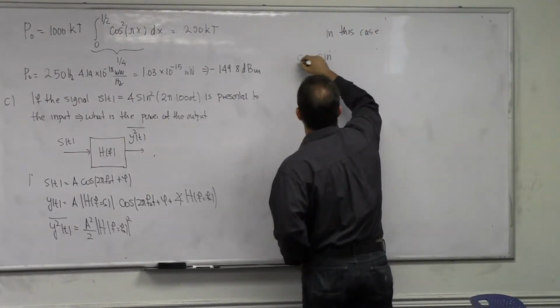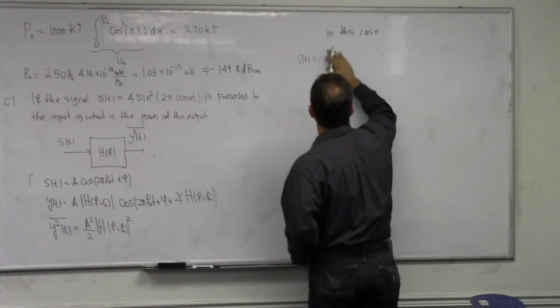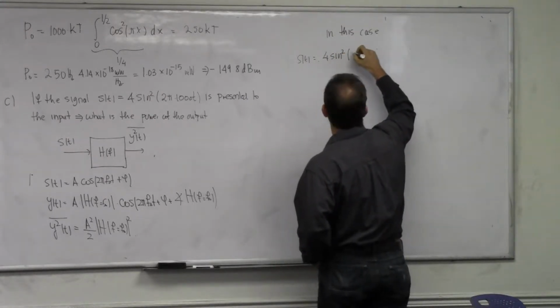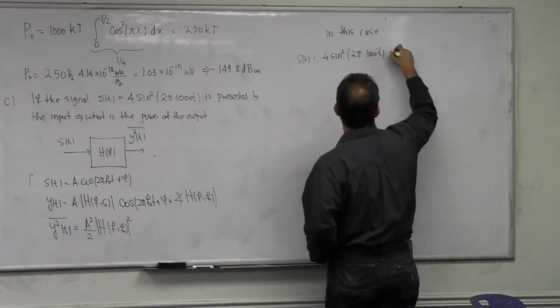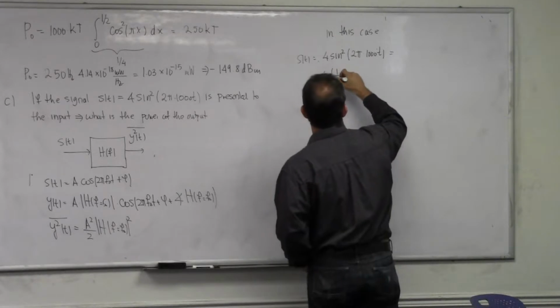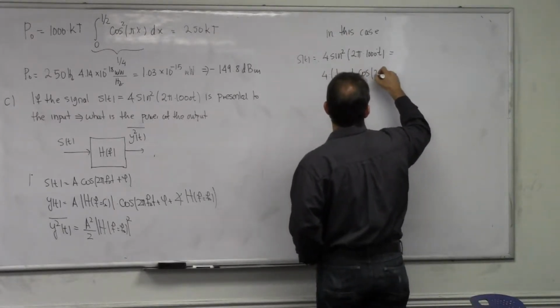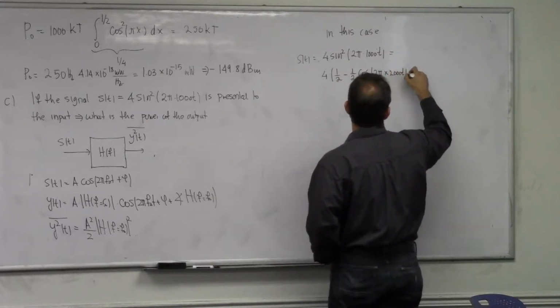Now, in our case here, S of t is not a pure sinusoid. It's 4 sine squared of 2 pi times 1000 t, which is 4 times 1/2 minus 1/2 cosine 2 pi times 2000 t.